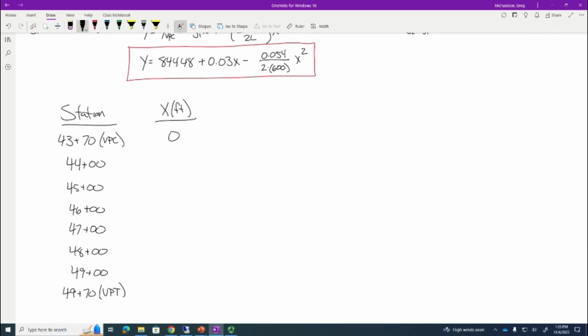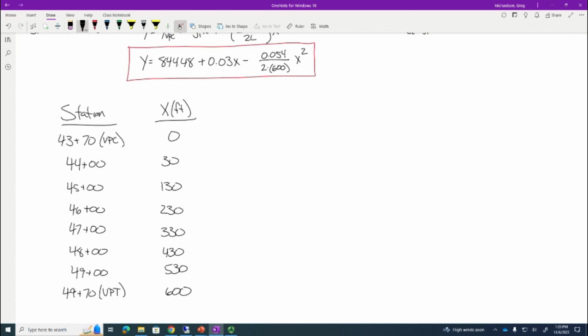Now, how do I determine the x value of each of these points? What's the x value of this first point? 30. And how did you get that? Station minus station. Exactly. So we're subtracting our stations from this one. So this one is going to be 30 feet. This one's going to be 130, 230, 330, 430, 530, and 600. Make sense?